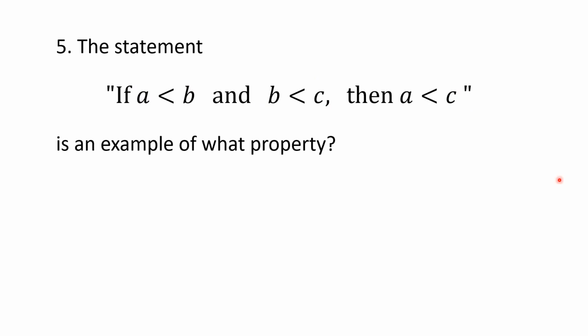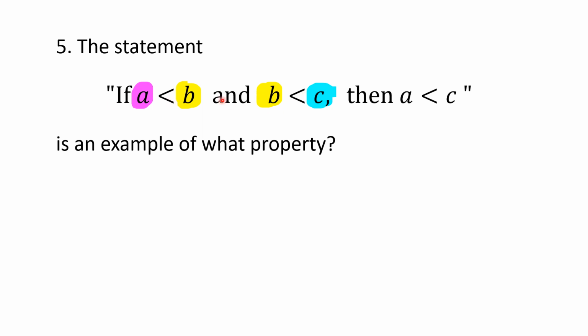All right, here's one more. The statement, if A is less than B and B is less than C, then A is less than C, is an example of what property? Let's think about this. We've got A is less than B, so 1 is less than 2. And B is less than C, so maybe 2 is less than 3.